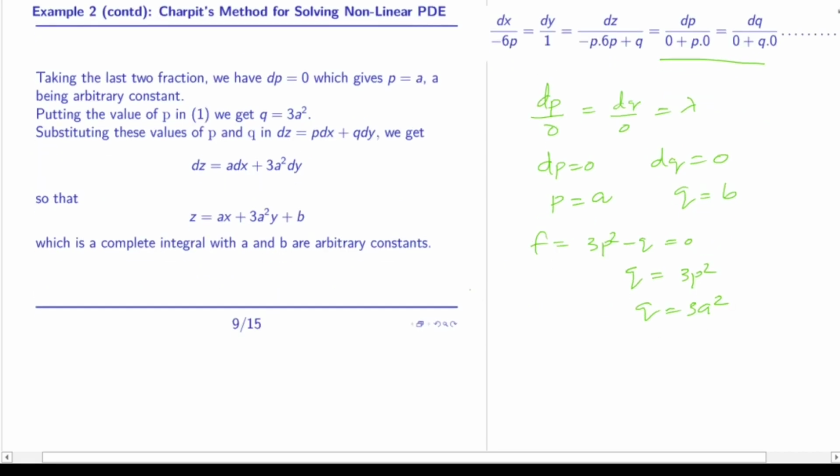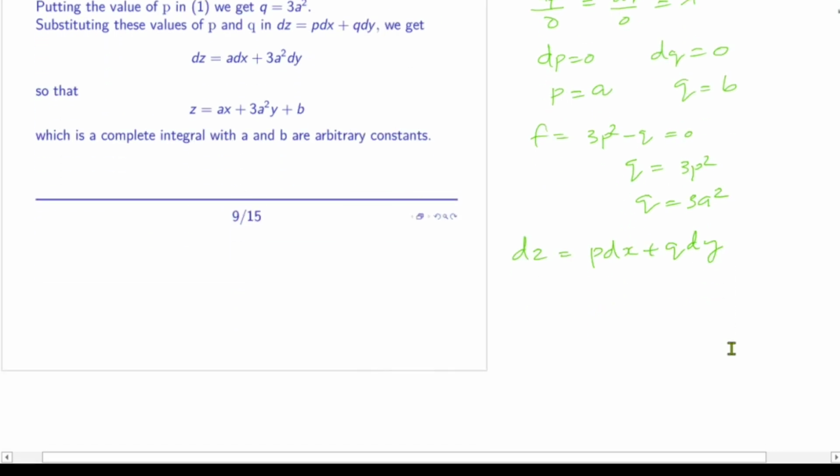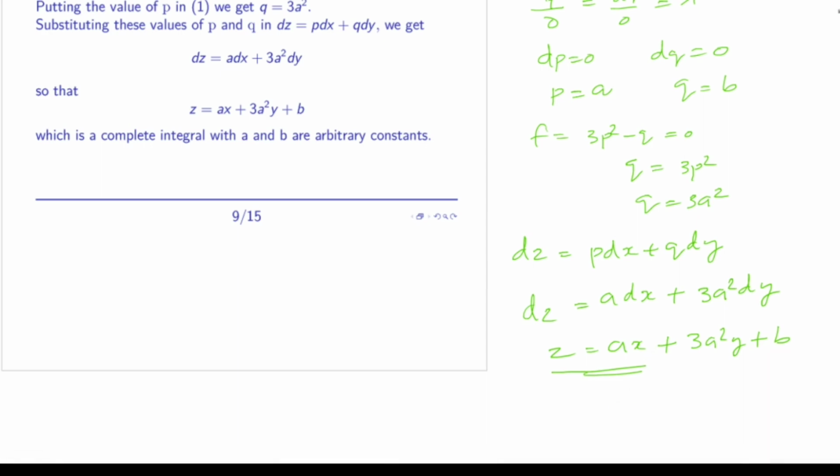Now we write dz is equal to p dx plus q dy. Here p is a, so that is equal to a dx plus 3a square dy. Now we can integrate to get z is equal to ax plus 3a square y plus b, where b is some constant. So this is our solution, where a and b are arbitrary constants.